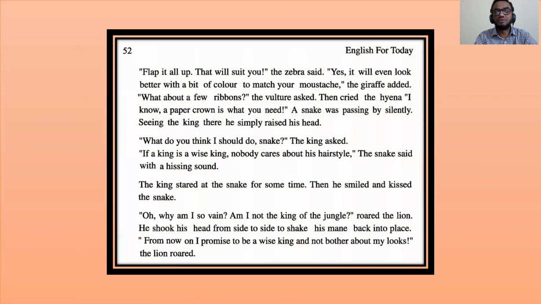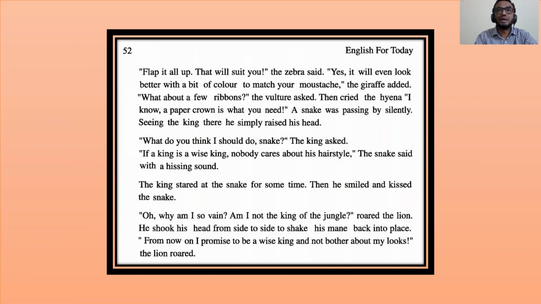Am I not the king of the jungle? Roared the lion. He shook his head from side to side to shake his mane back into place. From now on, I promise to be a wise king and not bother about my looks, the lion roared.